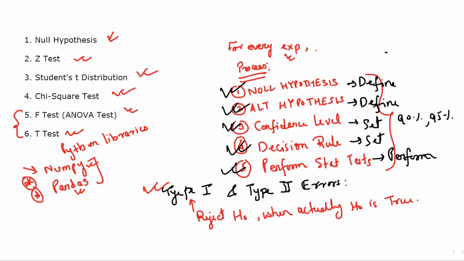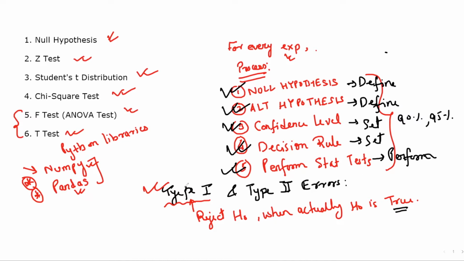So while performing your experiments, you define a null hypothesis, right? And you define an alternate hypothesis. What if in the definition you assume it incorrectly? That will be a total blunder, right? So that causes type 1 error. In that case, it might happen that when you perform your tests, you come to a conclusion that you have to reject your null hypothesis, but actually it is true.